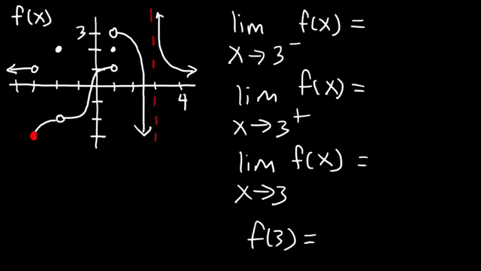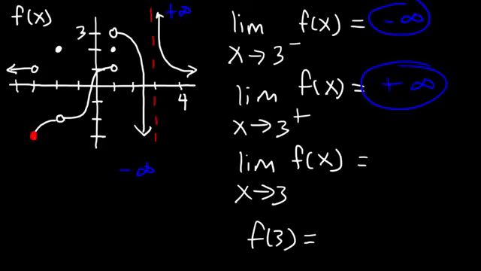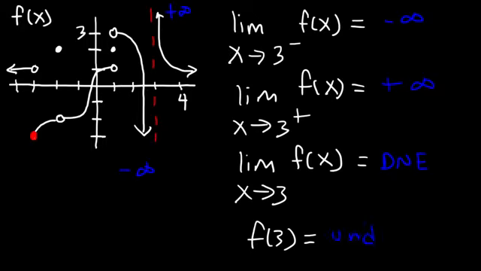So as x approaches 3 from the left side, notice that it goes down to negative infinity. And as we approach 3 from the right side, it goes all the way up to positive infinity. Now these two do not match, so therefore the limit does not exist. And the function value at 3 is going to be undefined.